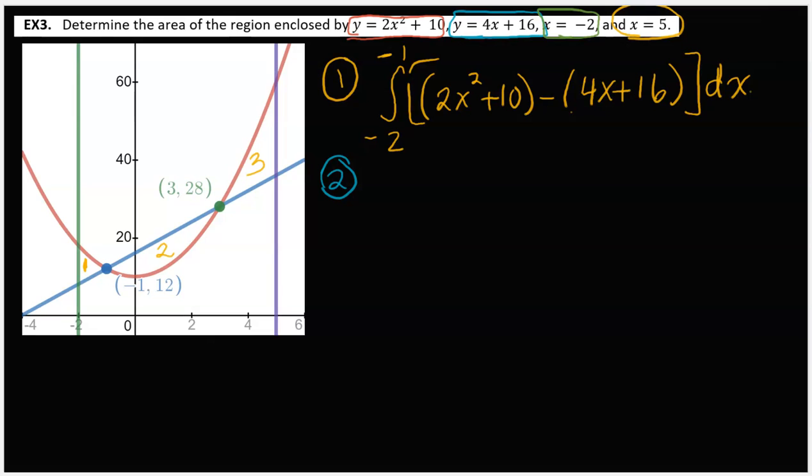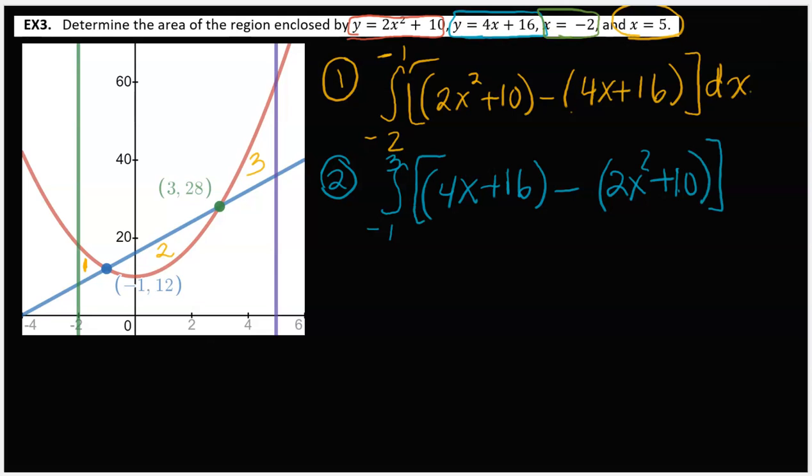So I would have the integral from -1 to 3 of the line, 4x plus 16, minus the parabola, 2x squared plus 10, and we are integrating with respect to x.